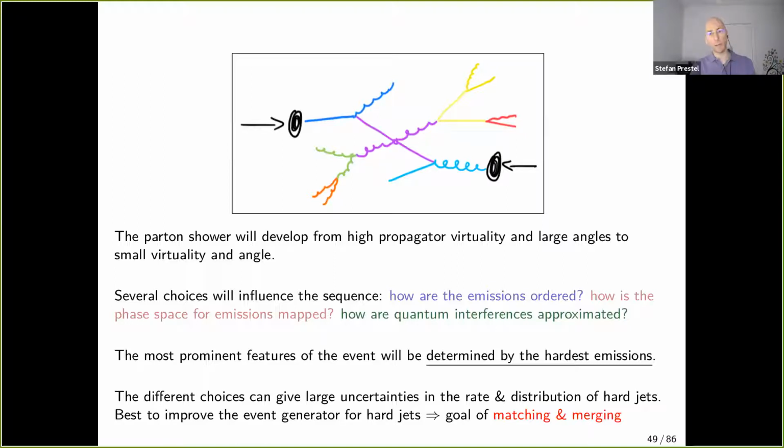However, you can't branch a massless particle into two massless particles. That would violate momentum conservation. So you would have to maybe take momentum from somewhere else in the whole event in order to make this work. How do you do this? There is an infinite number of ways of doing this, and some are better than others.